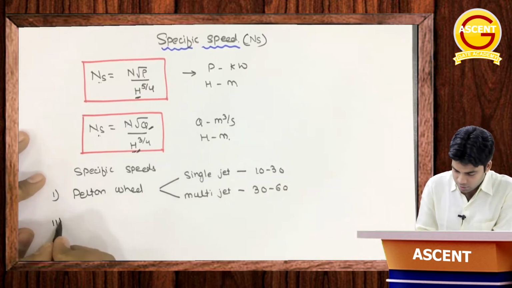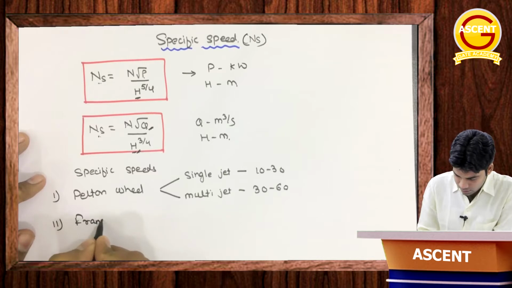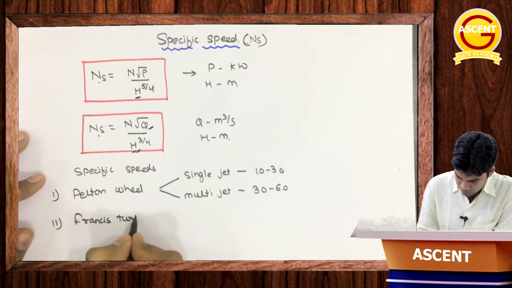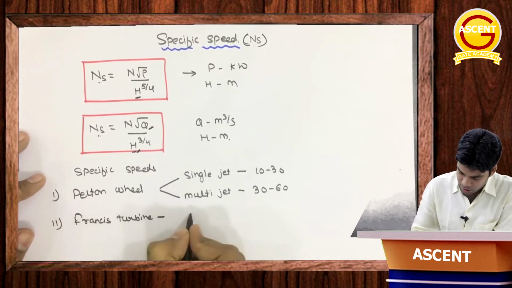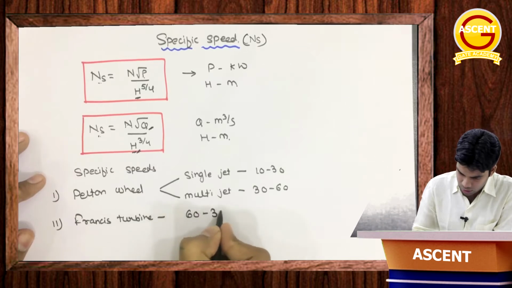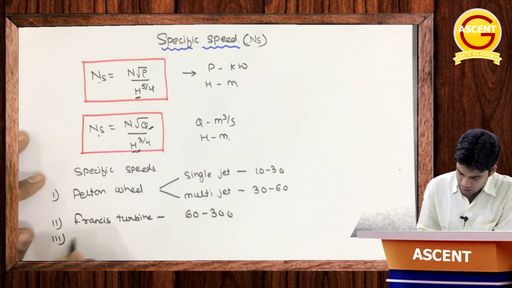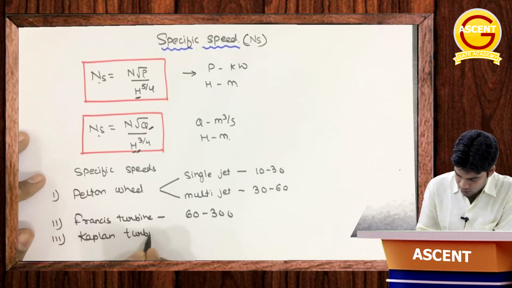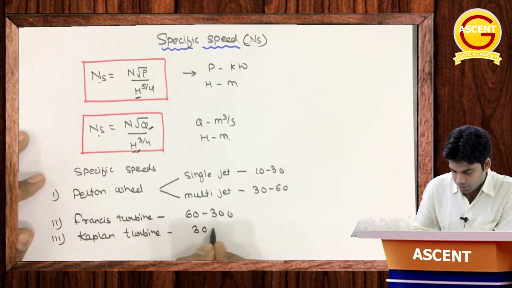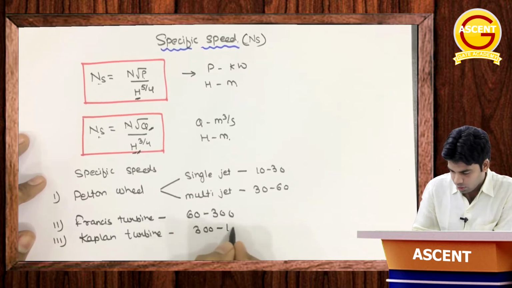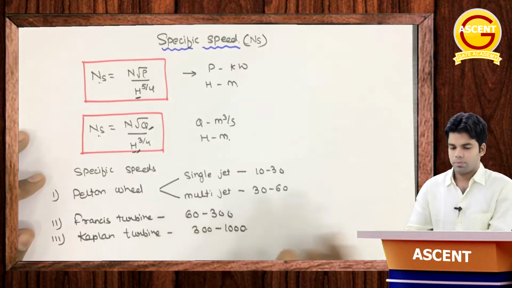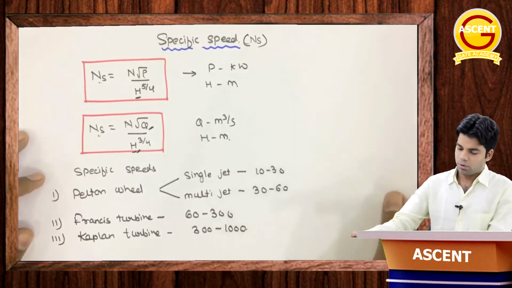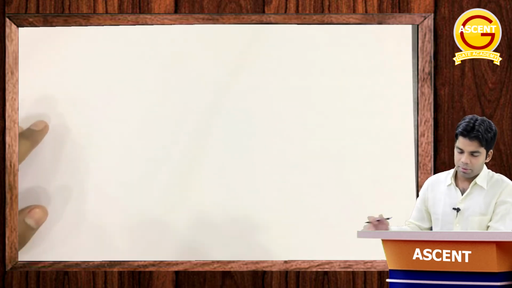Next is the Francis turbine. The specific speed of this Francis turbine lies between 60 to 300, and last is the Kaplan turbine. The specific speed of this Kaplan turbine lies between 300 to 1000. Getting this now? Okay.